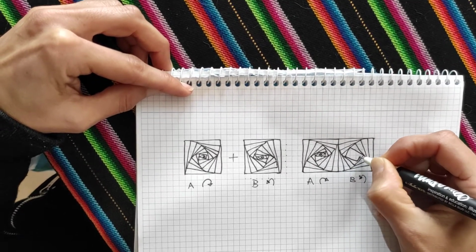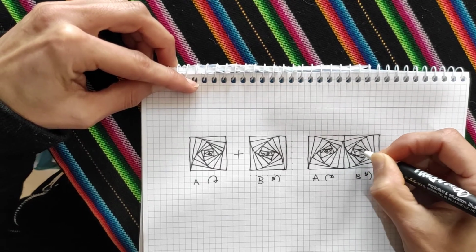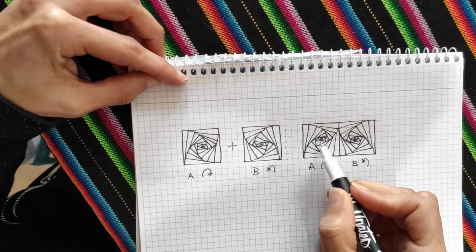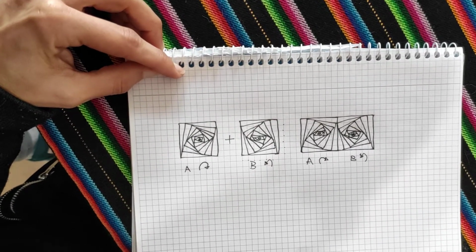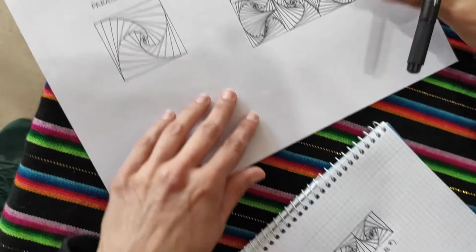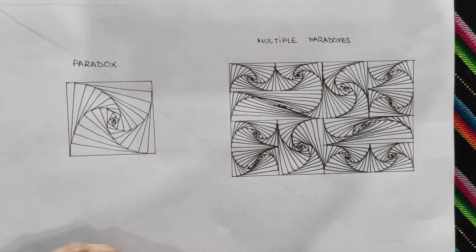Can you see that there's a little figure forming? And now we have this little figure forming. So that's how we build the multiple paradoxes with little squares connected.